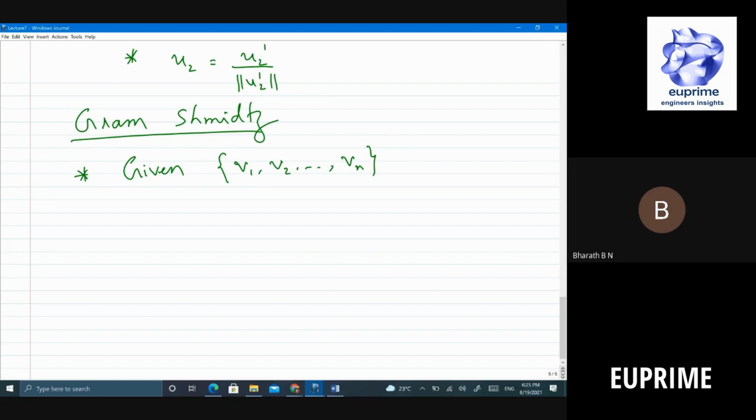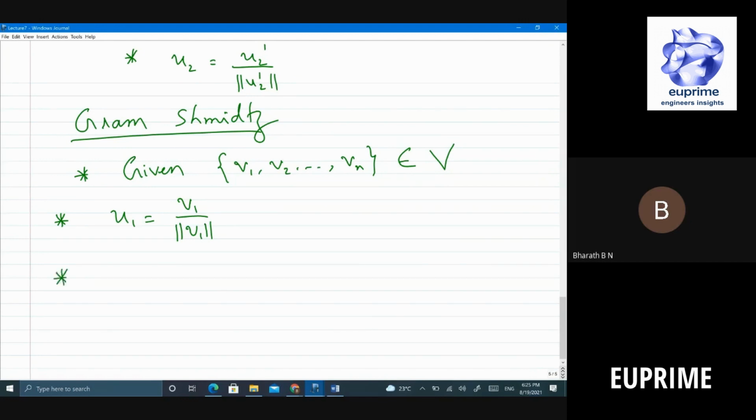This could be in any dimension, in fact any vector space with an inner product. What is the first thing that I do? I get u1, which is v1 over norm of v1. Done. This gives me a unit vector along the v1 direction. What do I do after this?